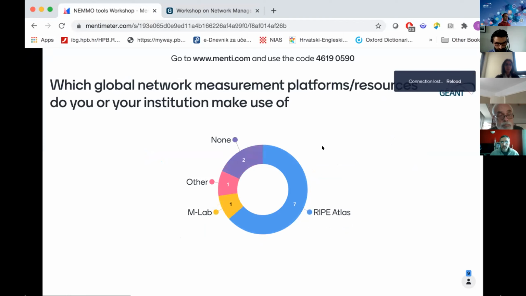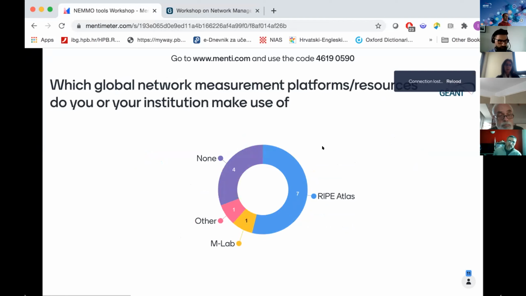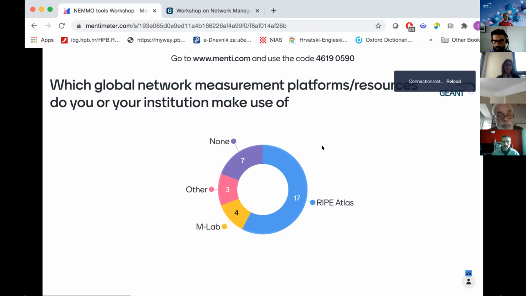We know also that some people are using MLab, which is a product that is produced by the company in the United States that is, I believe, a part of Google, and the perfSONAR team collaborates with MLab. But again, if there are some other tools that you would like to share this information with us, please feel free to type it in chat so that we can have this for any later information.